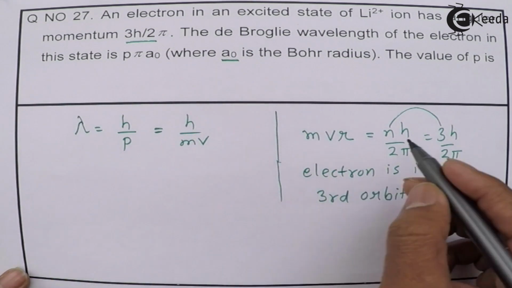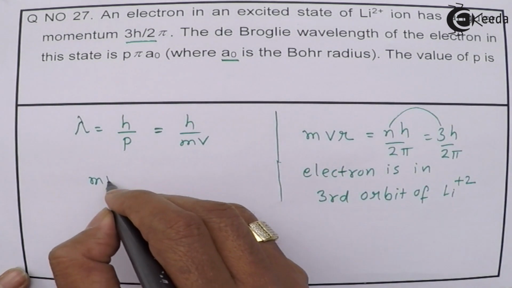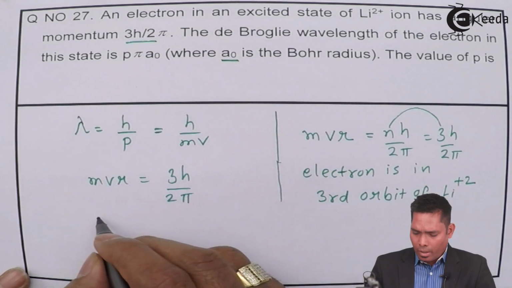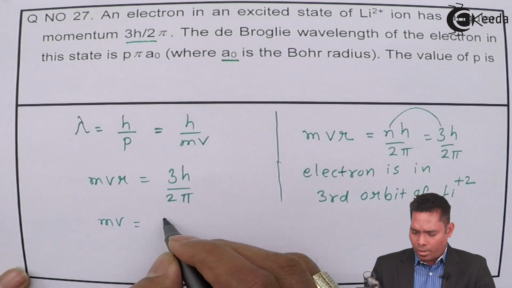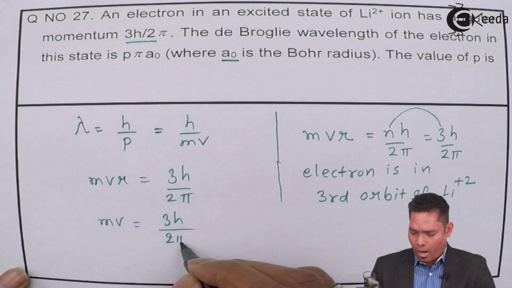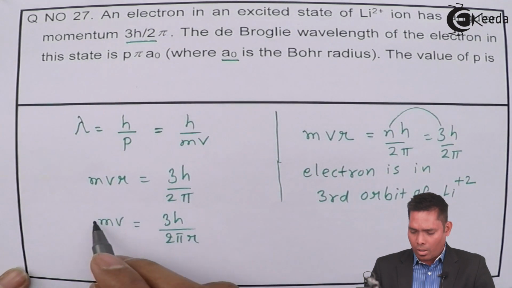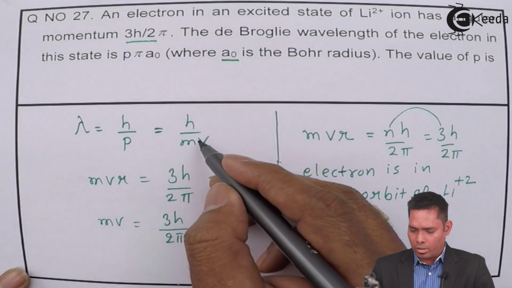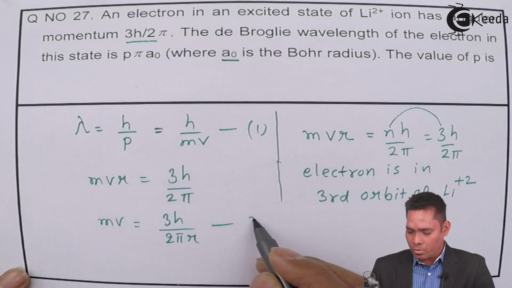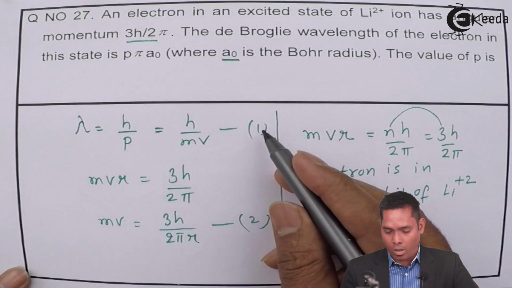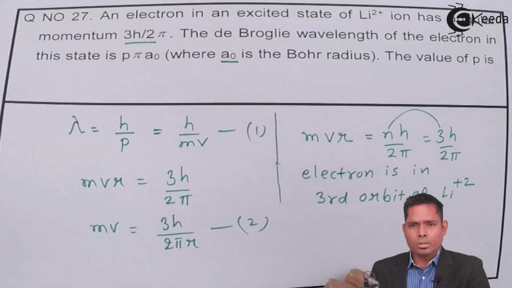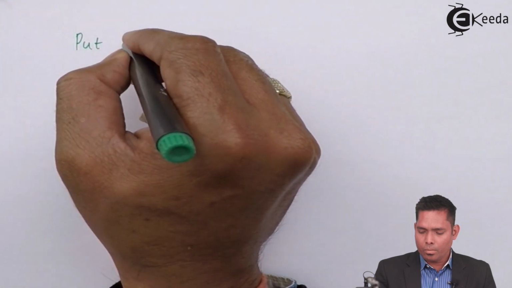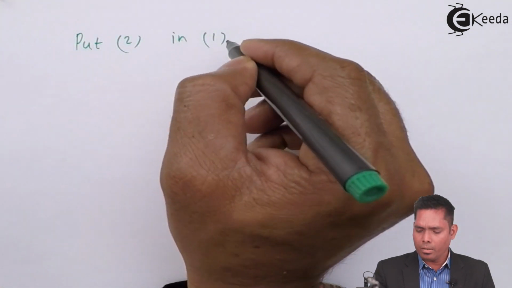Now I will write mvr as 3h over 2 pi, and from here mv is 3h over 2 pi r. This mv, which is 3h over 2 pi r, is substituted in the first equation. Suppose this is equation number 2. Putting 2 in 1, what you will get?